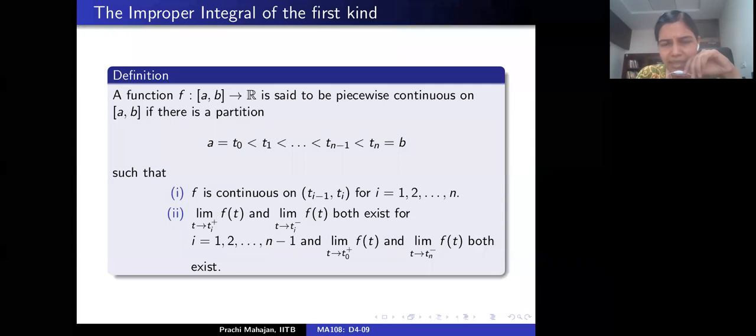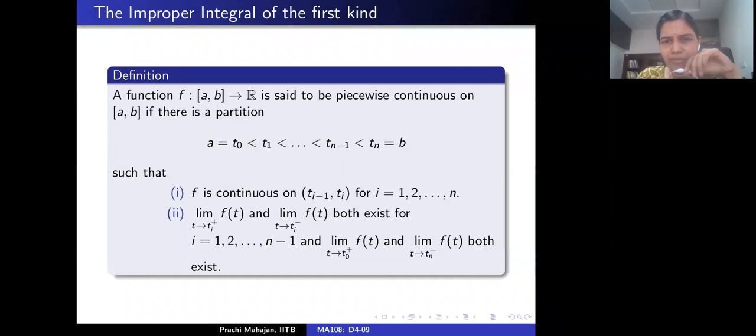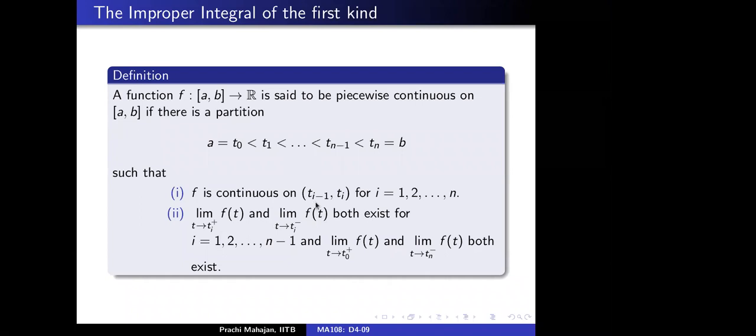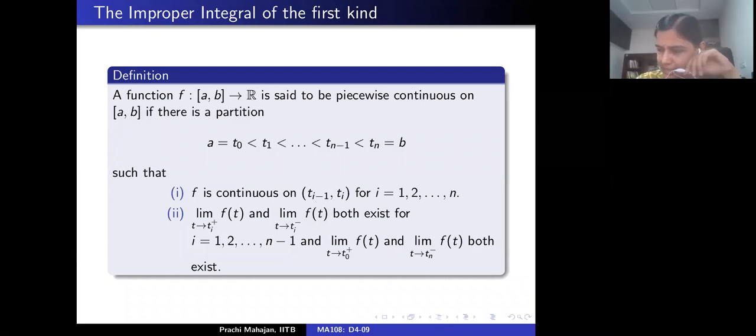So if you look at the subinterval t_{i-1}, t_i, and I approach the endpoint t_i from within the subinterval, I would look at the left hand limit of f as t tends to t_i from the left, and the right hand limit of f as t tends to t_{i-1} from the right. F approaches a finite limit as the endpoints of each subinterval are approached from within the subinterval. So is this okay?